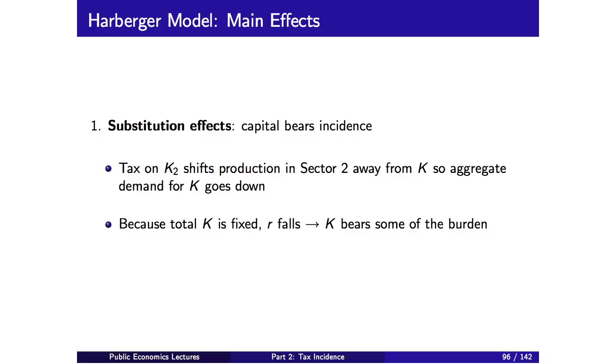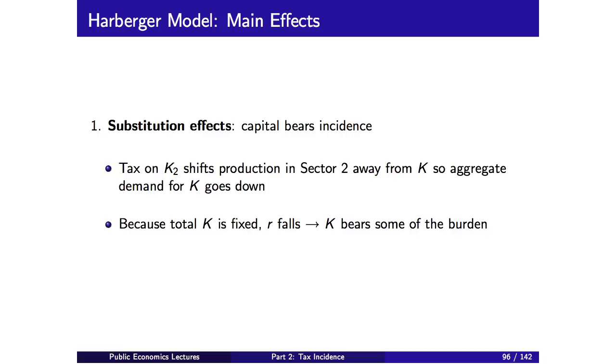OK, so the first force that's captured in the Harberger model is the most obvious, intuitive one, which is a substitution effect. And that goes towards saying that capital is going to bear the incidence of this capital tax. So what's the logic of that? It's the first thing you think of. If I put a tax on the use of capital in the car industry, automakers like GM are going to shift to more labor-intensive technologies instead of capital-intensive technologies.